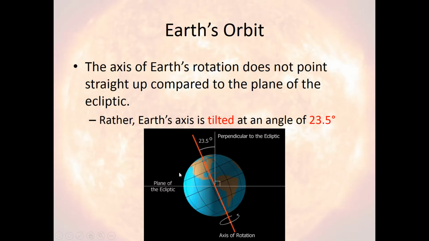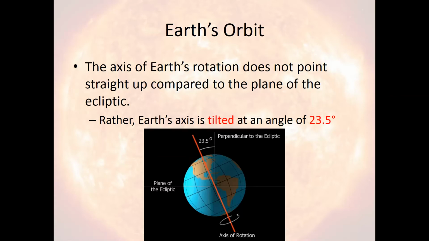The southern half is getting less sunlight. This is what we experience from March until September, our spring and summer months. On the other hand, during the fall and winter time, we would be getting less sunlight and the southern hemisphere would be getting more sunlight. So it all has to do with tilt.